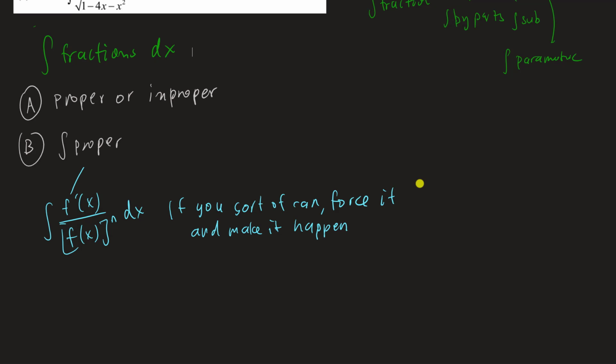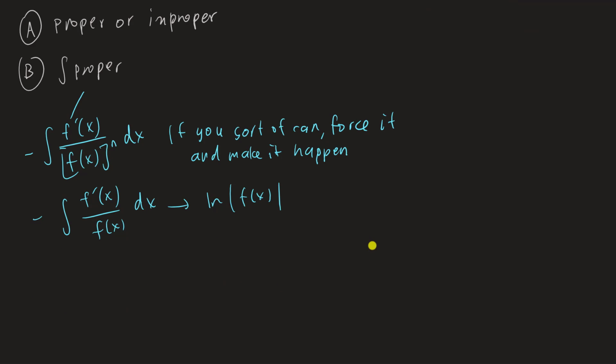And then once you're done with this, you still cannot solve, then take a look whether you can do this, which would give rise to ln of fx. And if you still cannot do, then you do this, b part 1, b part 2. Part 3 of our flowchart will be to complete the square.